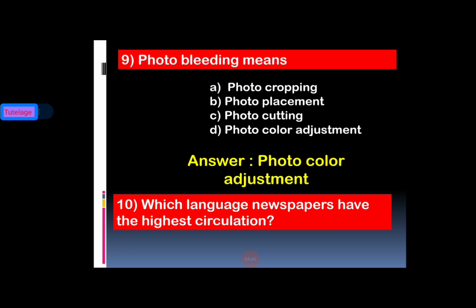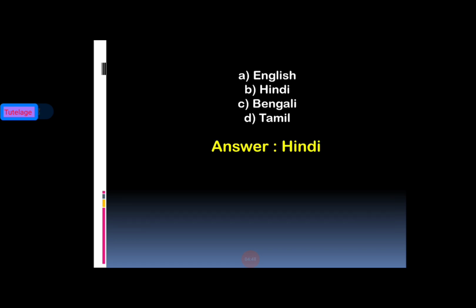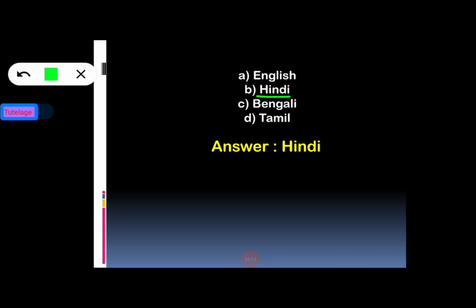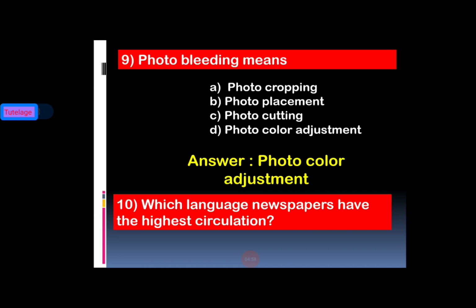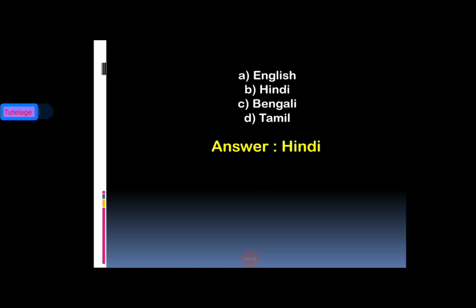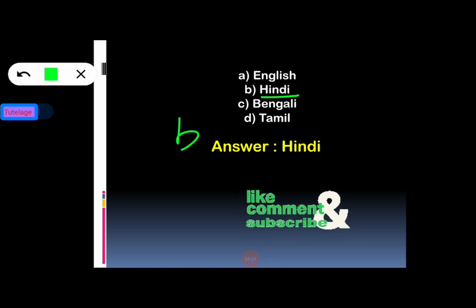And we all know English is an international language, but Hindi is the national language. So that's why in India, Hindi language newspapers have the highest circulation. Okay, so option number B, Hindi, is the correct answer.